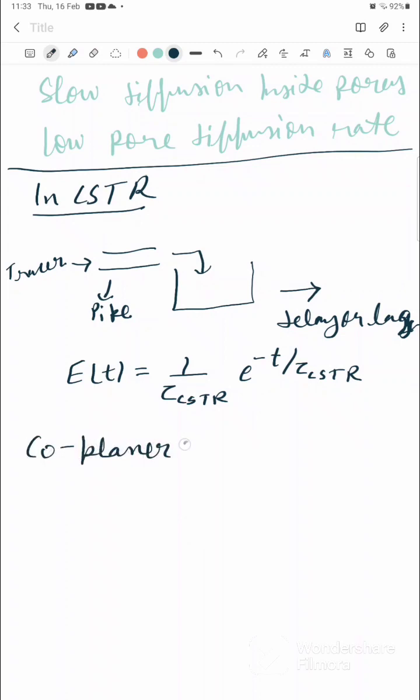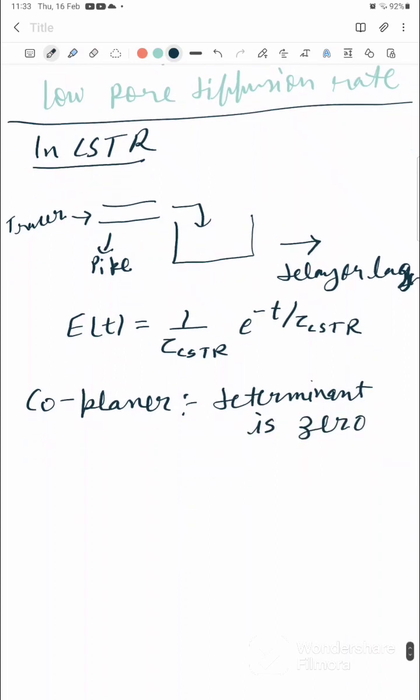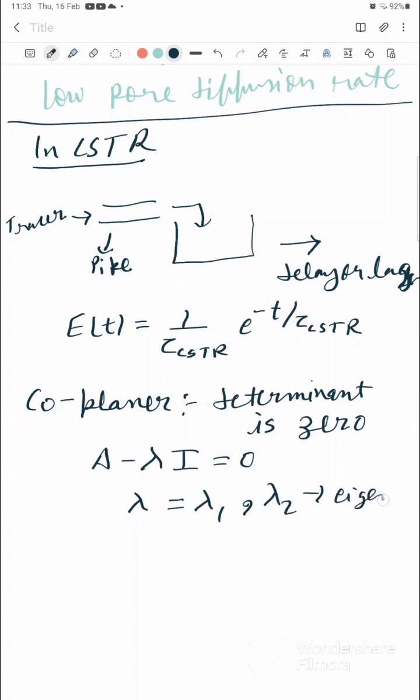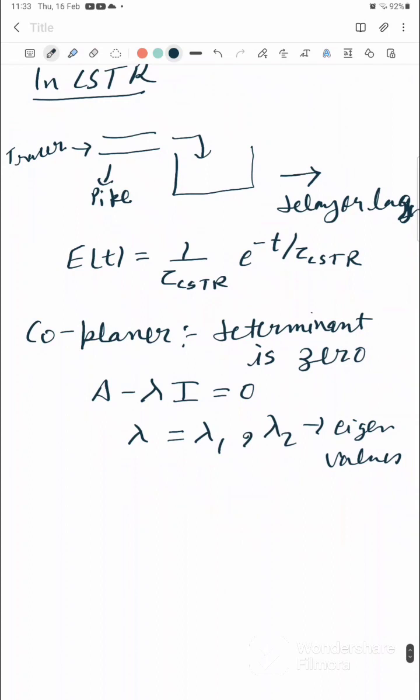What is the meaning of coplanar? Coplanar means the determinant is 0. A minus lambda I is equal to 0. Lambda comes out to be lambda 1 and lambda 2, the eigenvalues. Okay.